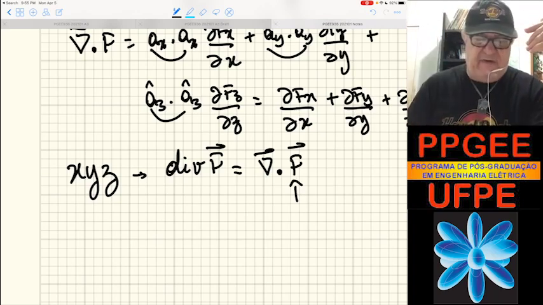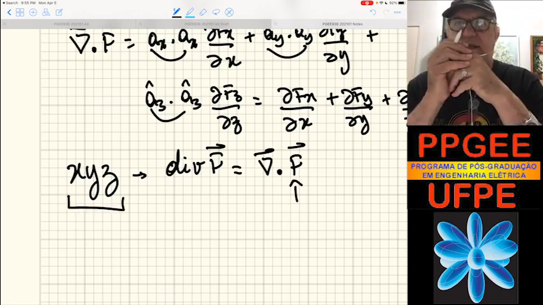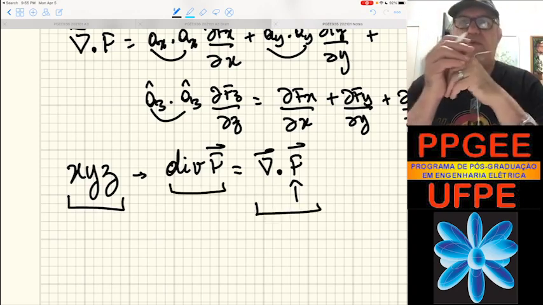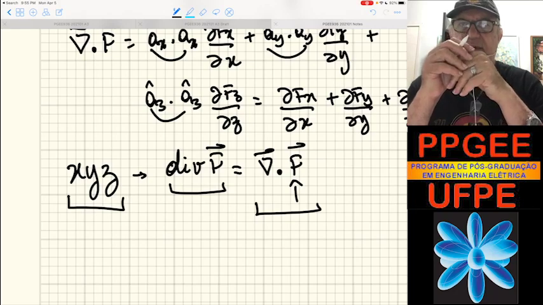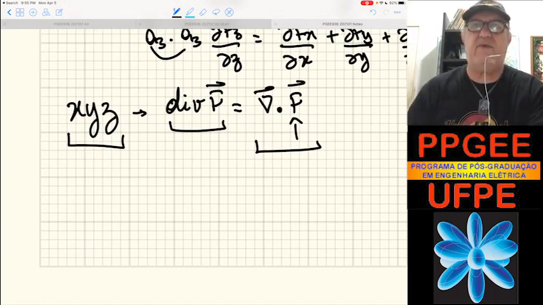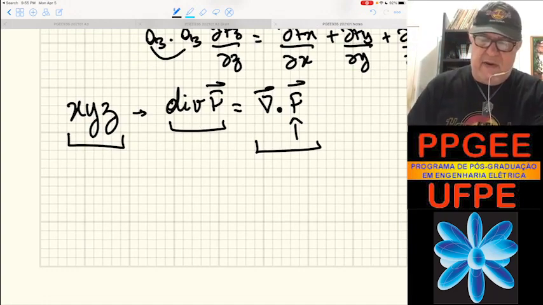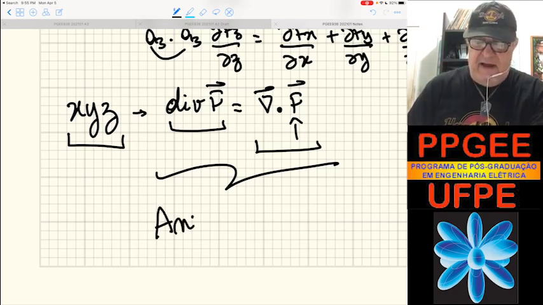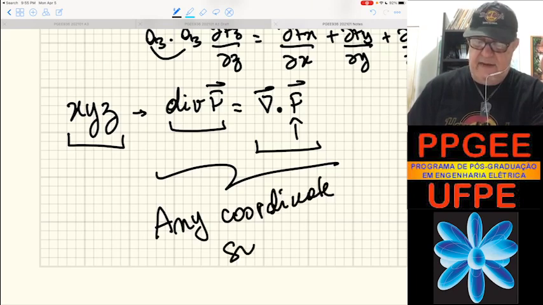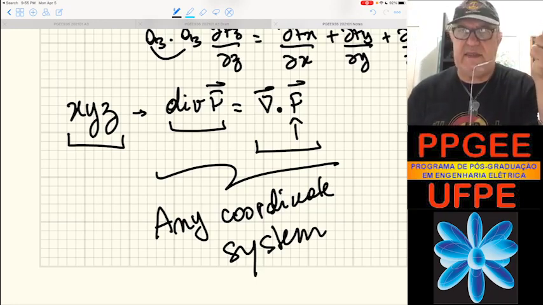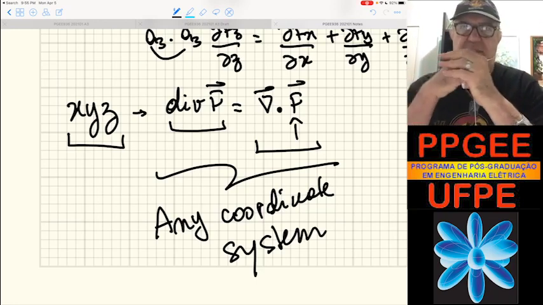I'm saying that for a rectangular coordinate system, divergence is exactly equal to nabla dot f. Because this is valid for arbitrary f, it doesn't have to depend on the coordinate system. So this is a general relationship, valid for any coordinate system. If you prove that it's valid for one system, it has to be valid for any system, right?